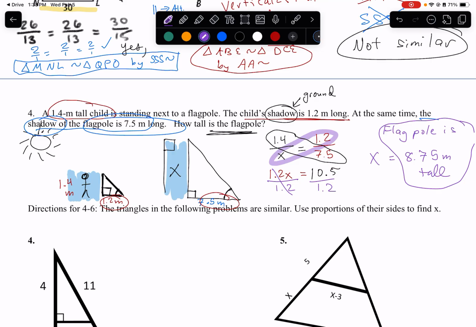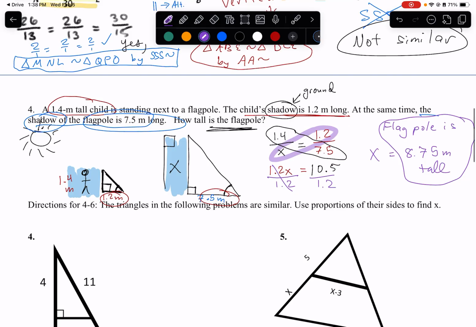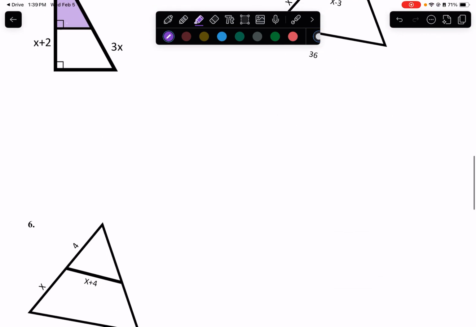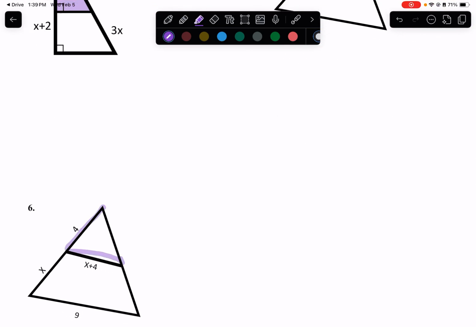Okay, for these last ones, it's really important to pay attention to the two triangles in the picture. There's always going to be a smaller triangle. So I've got the smaller purple triangle here, this smaller purple triangle here, and this smaller purple triangle here.